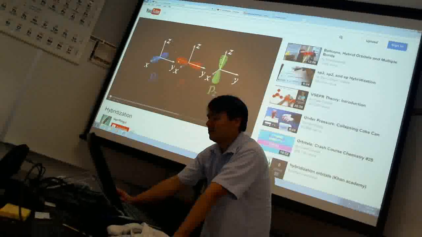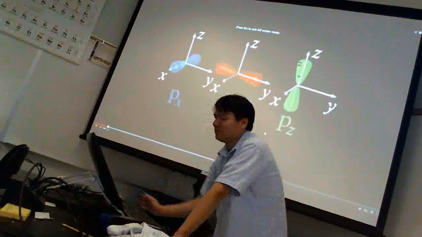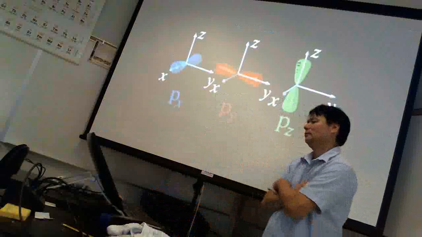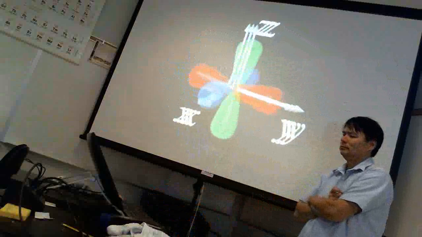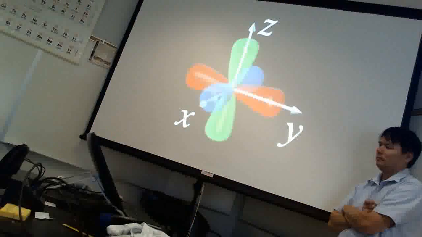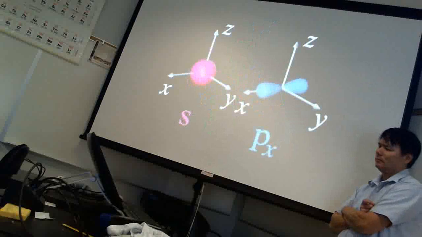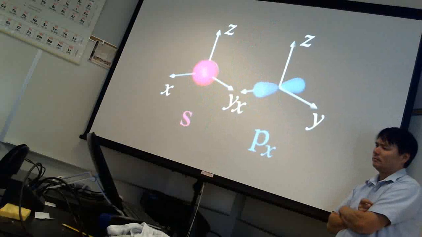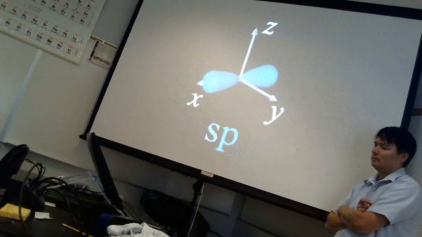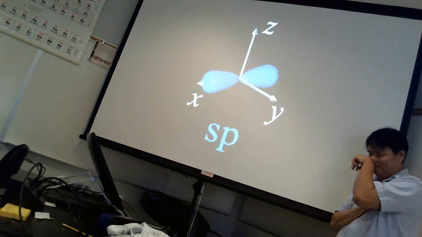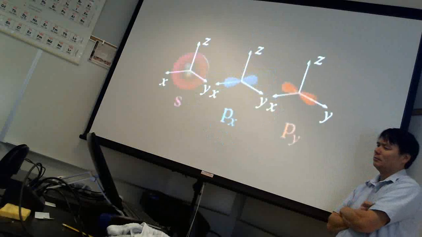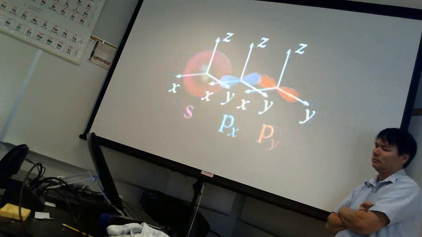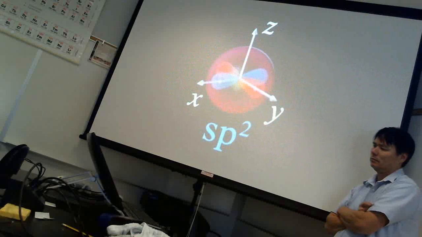Orbitals are formed by a mixing of the hydrogen-like s, p, and d orbitals that characterize a free atom. The 3 p orbitals are directed along the x, y, and z axes. When we mix an s and a px orbital, we produce 2 hybrid orbitals called sp pointed in opposite directions along the x-axis. Mixing of an s with the px and py orbitals produces 3 equivalent hybrid orbitals in the xy plane.